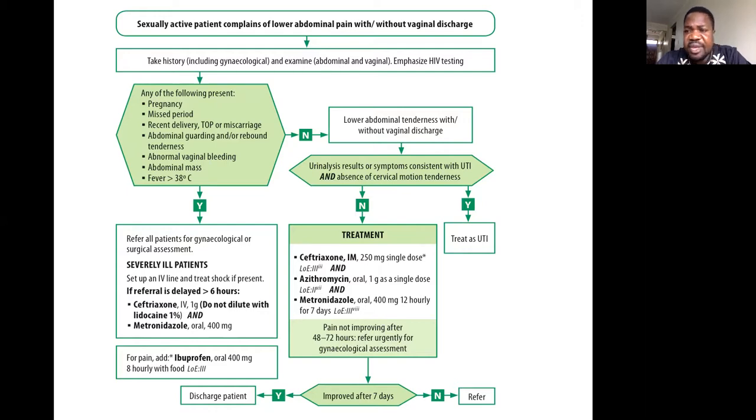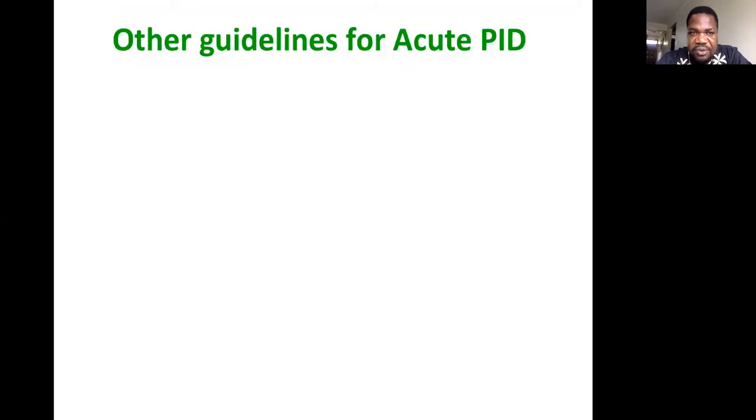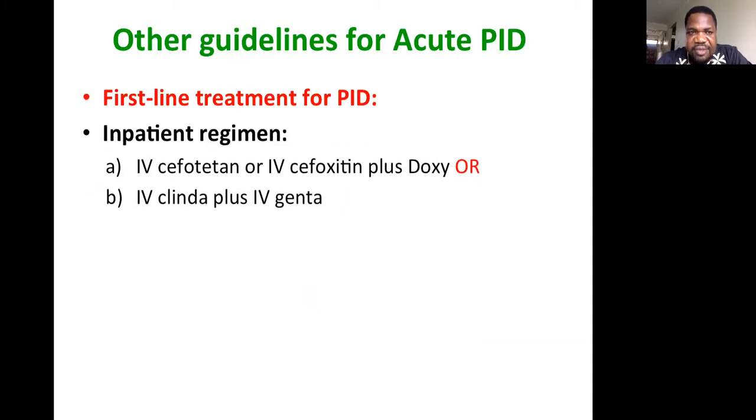A PID case should be managed with the patient admitted, and it should be managed by a gynecologist. Other guidelines for the management of PID, the first line, especially for inpatient regimen, you can give IV cefotetan or IV cefoxitin plus doxycycline, or you can give IV clindamycin combined with IV gentamicin.